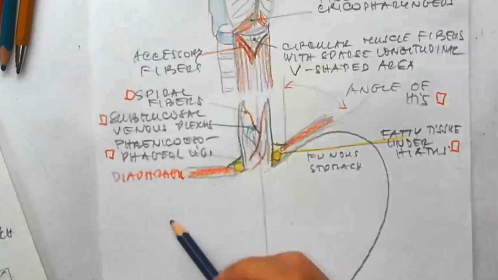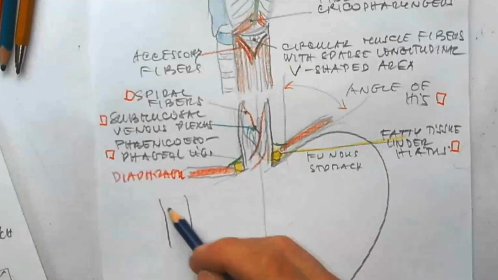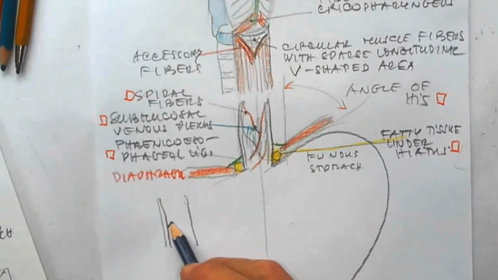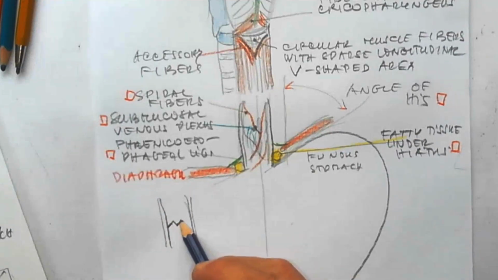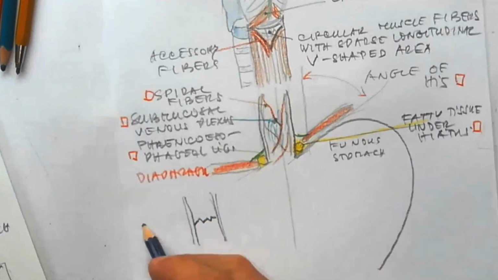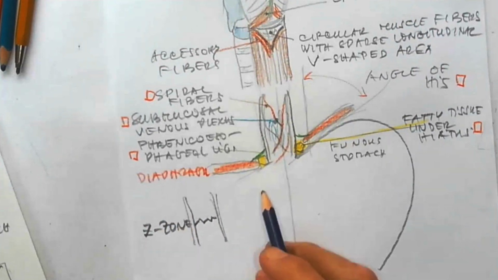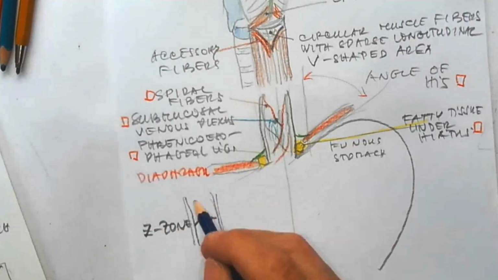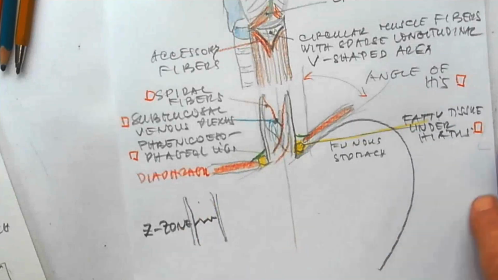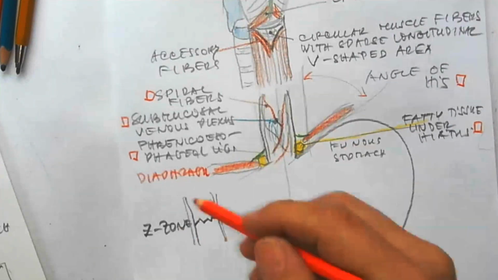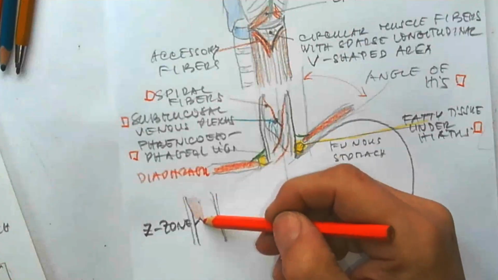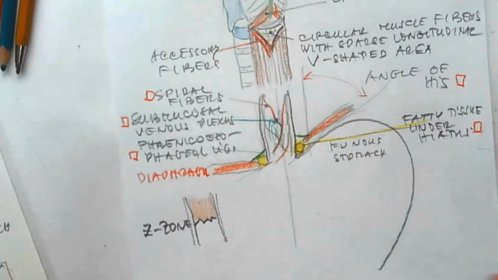One more thing is that there is also a specific situation that we look into: the mucosa. There is a Z zone, a transitional zone between the mucosa of the esophagus and the typical mucosa of the stomach. The mucosa of the esophagus is lighter.